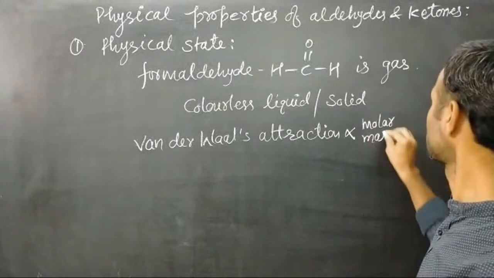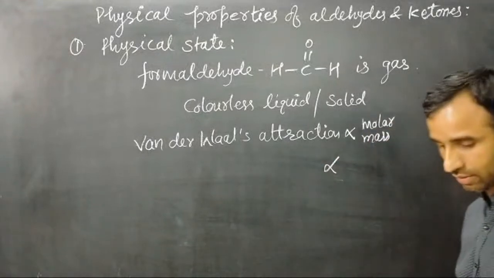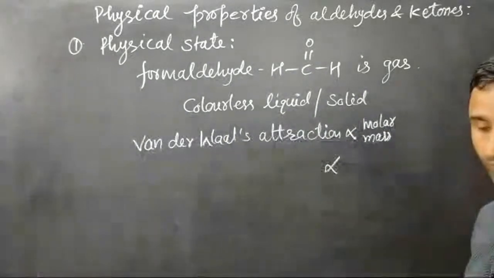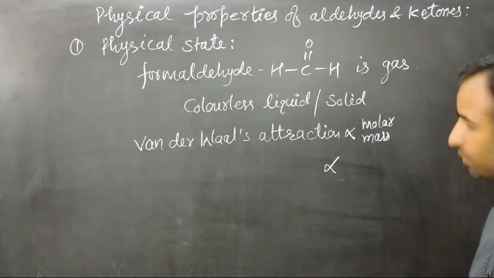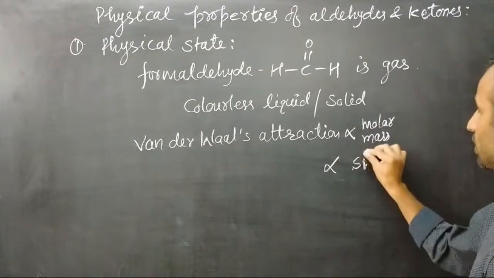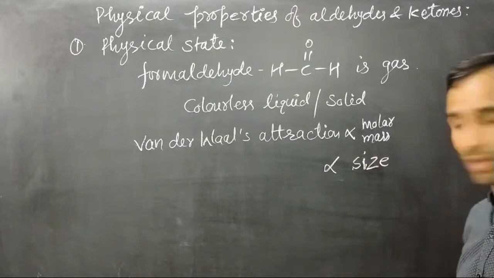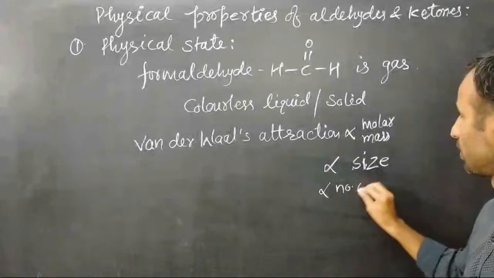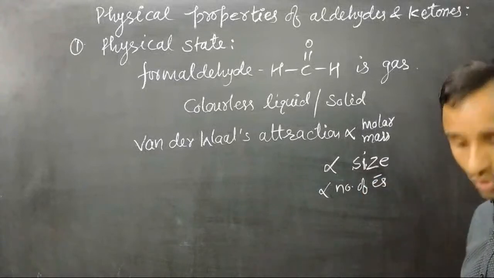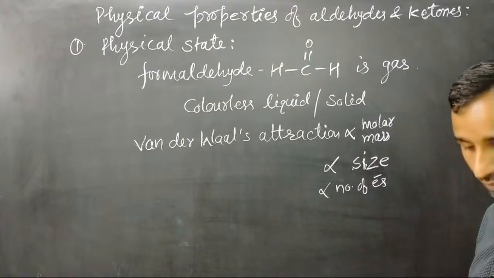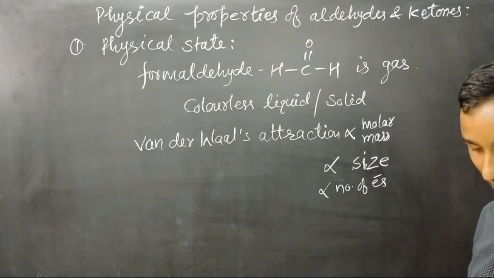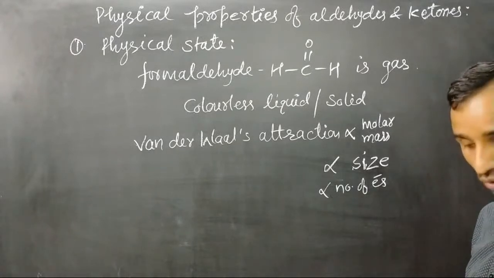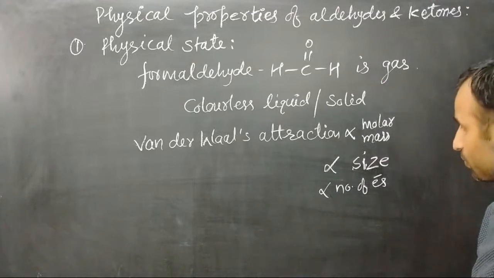And what about others? Anything else? Molar mass, it is also proportional to size, proportional to number of electrons, yes, surface area. Okay, Kashmira, good, welcome. Inverse the 7th power of the intermolecular distance is very good, great.